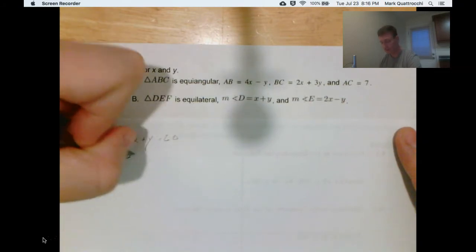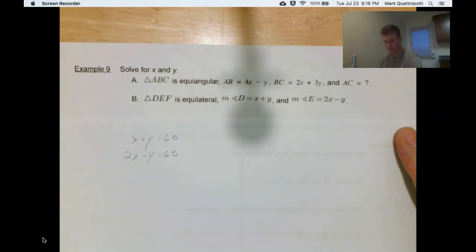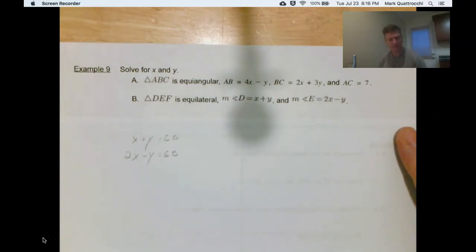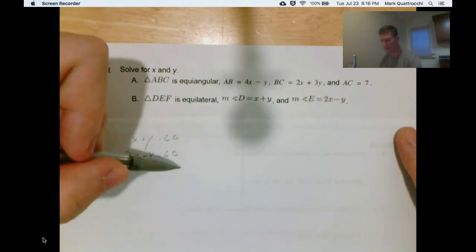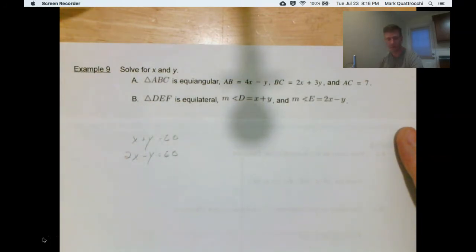And 2x minus y equals 60. This one, did I do it by substitution over here? Nope, I did elimination again. If you just add these two equations together, the y values are going to cancel. And elimination is actually much quicker in this particular problem.